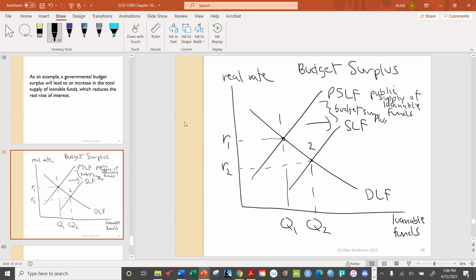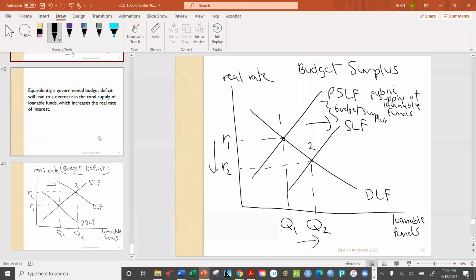The total supply of loanable funds has increased, not from individuals, not from businesses, but from the government. And the nice effect of that is a lower real rate of interest and a higher quantity of loanable funds.